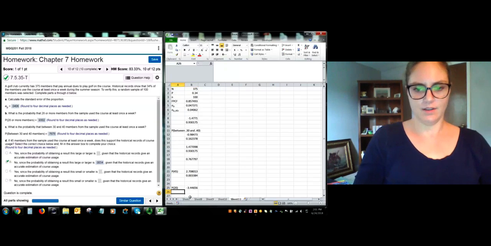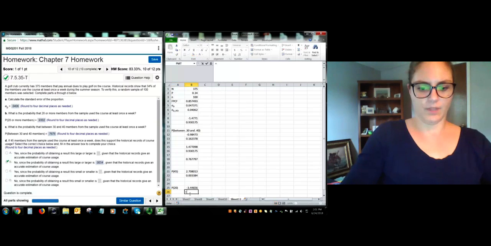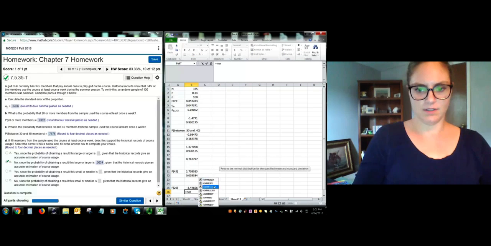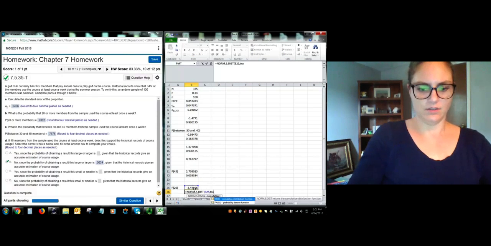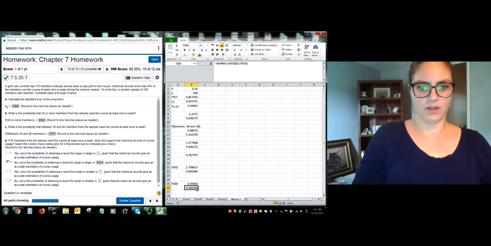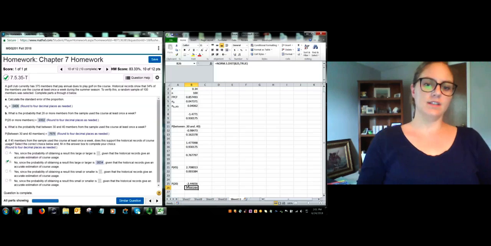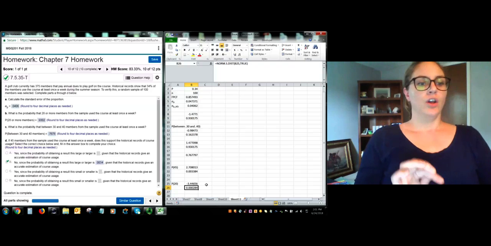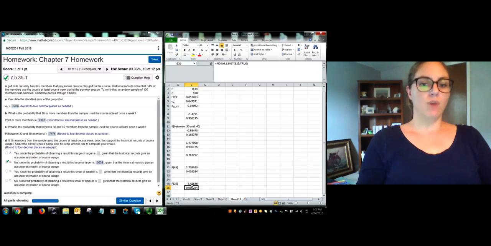Here, this equals norm.s.dist here. Since this is a negative z-score, the interpretation would be no, because the probability of attaining a result this small or smaller is low compared to the known parameter.